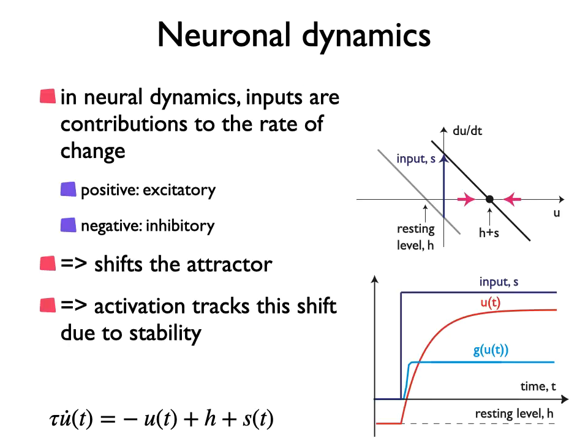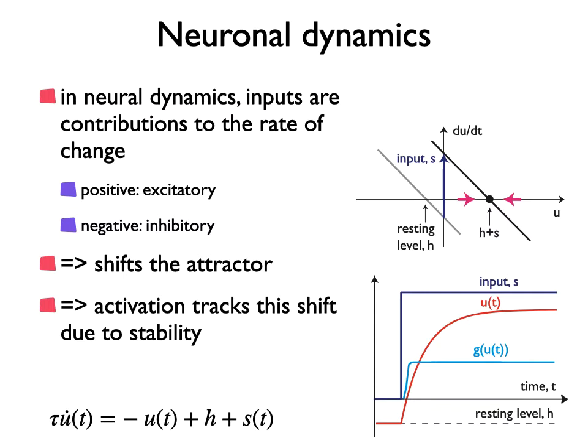Now, this was all just the resting level, but input is a contribution to the dynamics. It's an additive term here on the right-hand side. So unlike feedforward neural networks, in dynamic neural networks the input is a contribution to the rate of change, not directly setting the activation level. It sets it indirectly, because if you have an input as an additive term, it shifts the whole dynamics up if it's excitatory, or shifts the whole dynamics down if it's inhibitory.